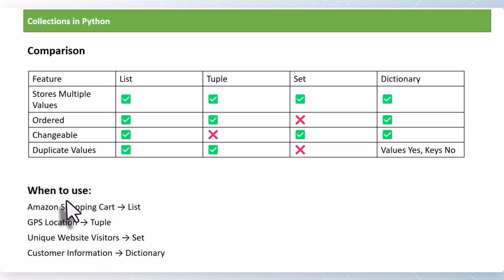There is a question of when to use what type of collection. If you are going to store the elements in a shopping cart, you can use the list. If you are going to store the GPS location, you can use the tuple. If you want to store unique website visitors, at the time you can use the set. If you are going to store customer information, at the time you can use the dictionary.